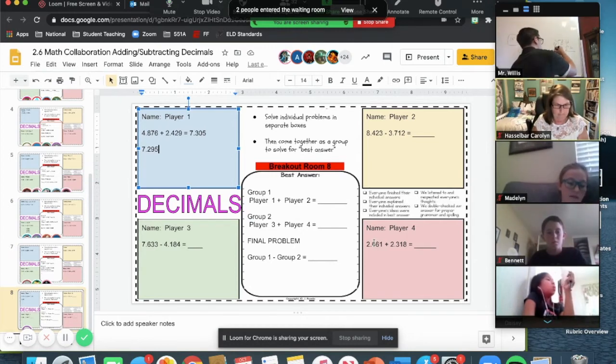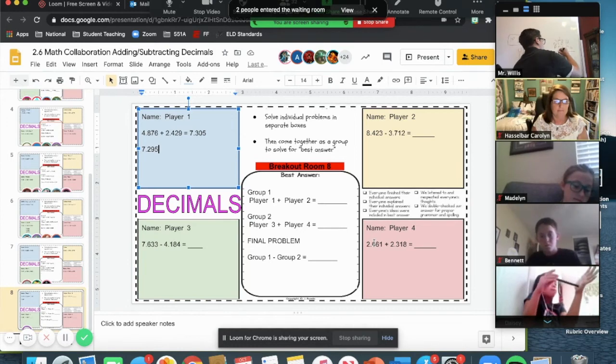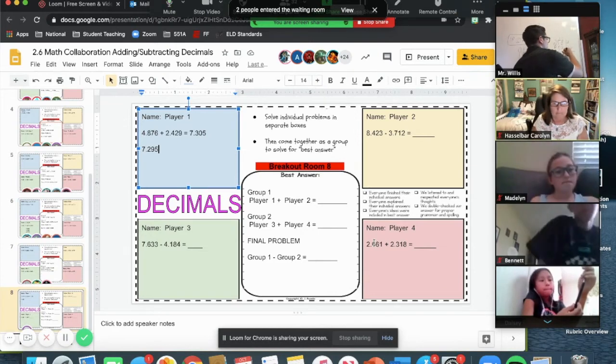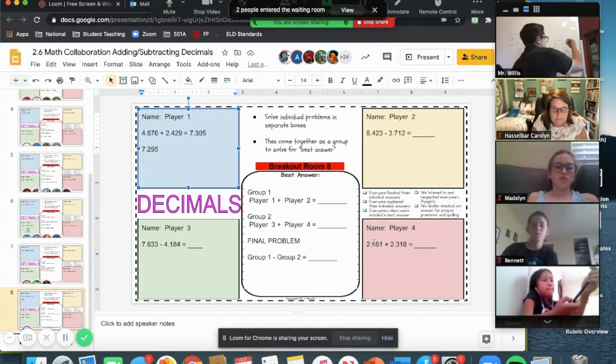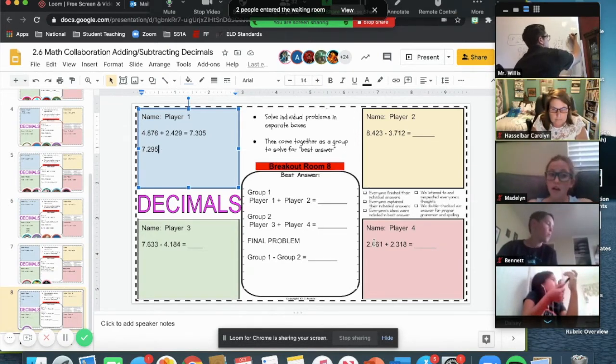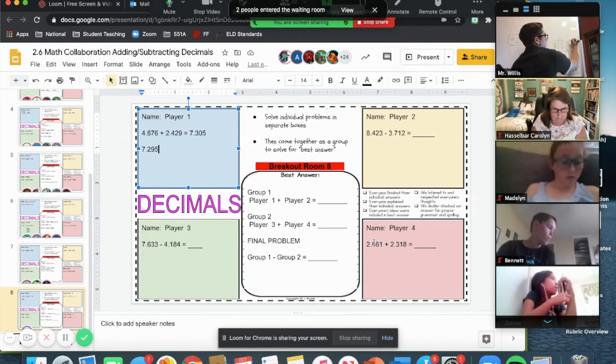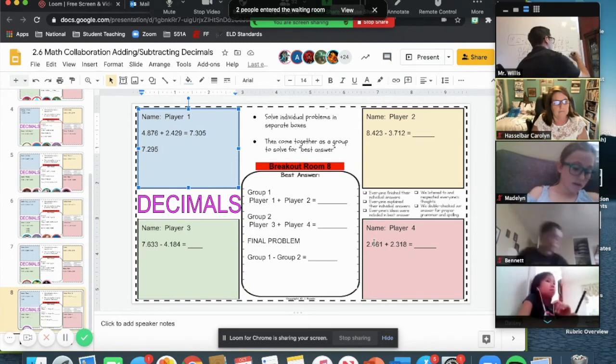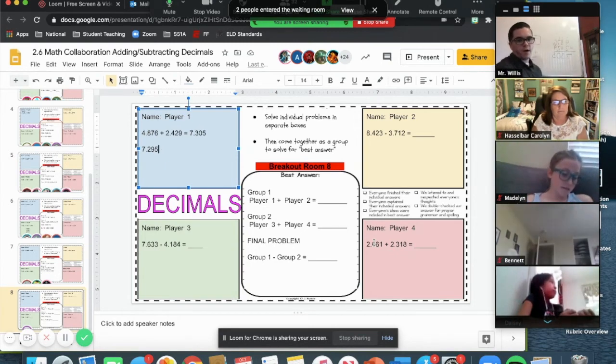So I got 5. 1 plus 7 plus 2 is 10. 1 plus 8 plus 4 is 13, sorry. So we have 1 plus 4, which is 5, plus 2 is 7. 7.305. Maddie, you crushed it. Good job.